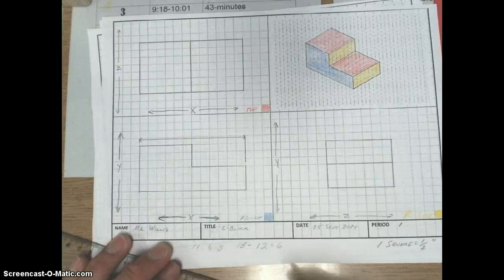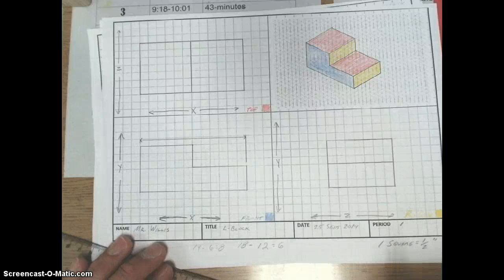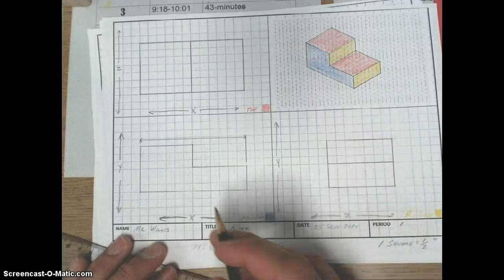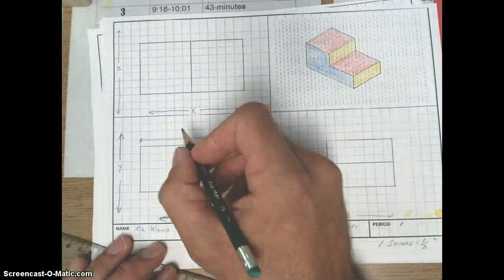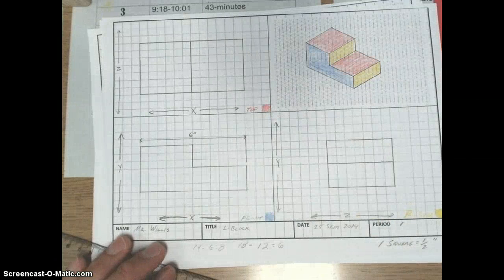And then for us, we're going to put our dimensions above our dimension line. Sometimes people erase a little space and put it in there too. It doesn't really matter as long as you're consistent and you're neat. If we were 12 squares, what is our real world dimension on this part? 6 inches. So there we go. I've got the width done. Okay?